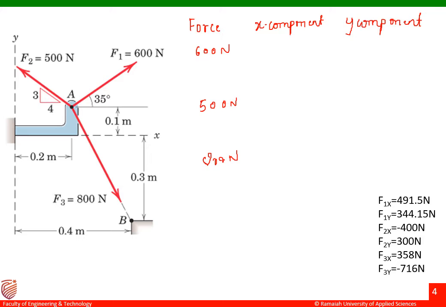The formula to find the x component for the given force, which is making an angle of 35 degree with respect to the horizontal, is F x equals 600 cos 35 degree, and the y component is 600 sine 35 degree. So these are my x component and y component.